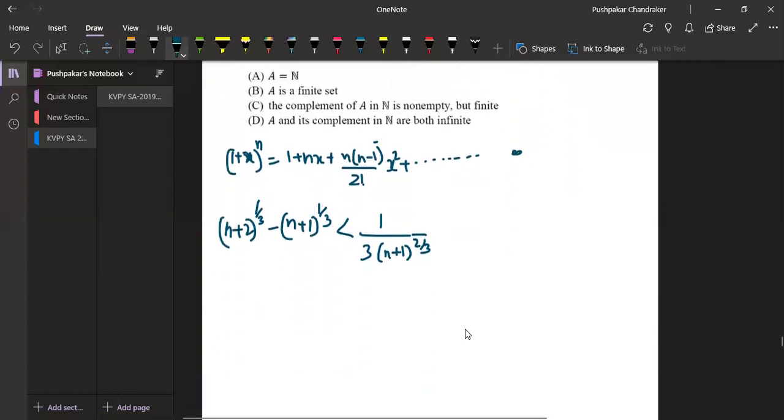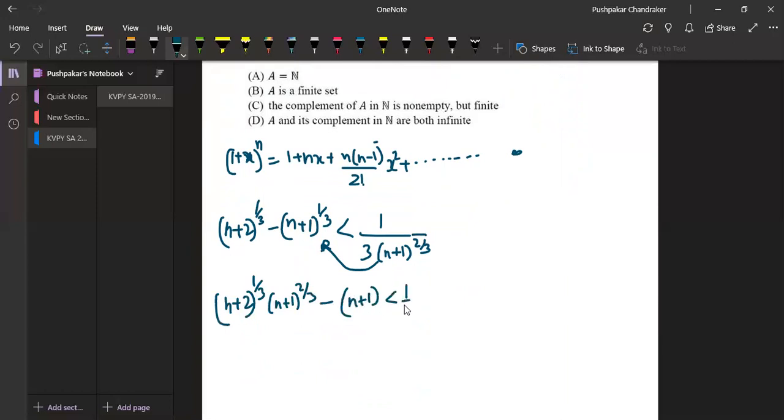Okay, so let us see how to write this. You can multiply this term this side because all are positive terms and n is a positive integer. Multiply this side, you get n plus 2 power 1 by 3 into n plus 1 power 2 by 3 minus n plus 1 less than 1 by 3. So let us verify whether it's true or not.